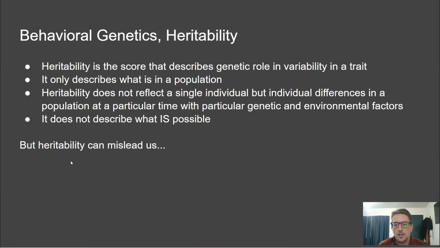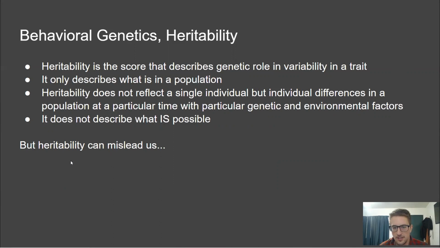So what is heritability exactly? Heritability is a score that determines the genetic role and variability of a trait. It only describes what is in a population. It's not describing what environmental factors are making the trait that variable. It's just describing the gene's role in determining the variability.